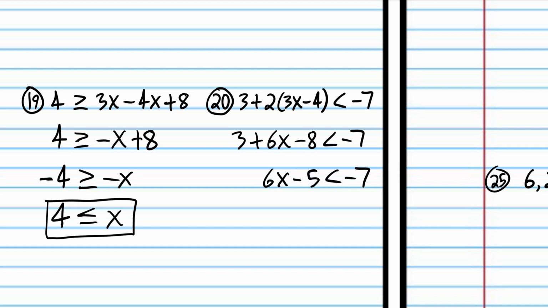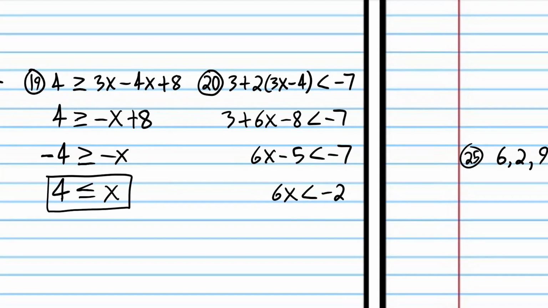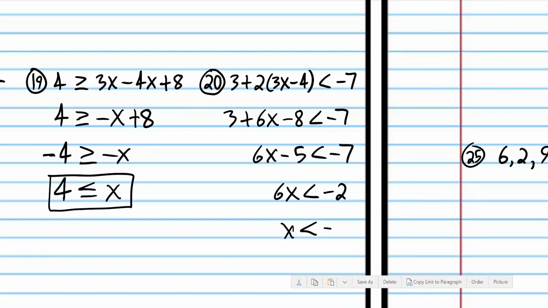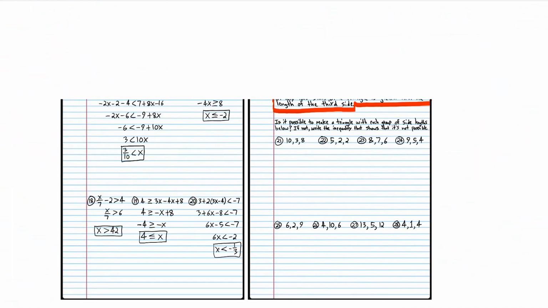And add 5 to both sides of the inequality, and we get the following. Divide both sides by 6, and we get x is less than negative 2/6, which would just reduce to negative 1/3. So if you got that answer, good job.